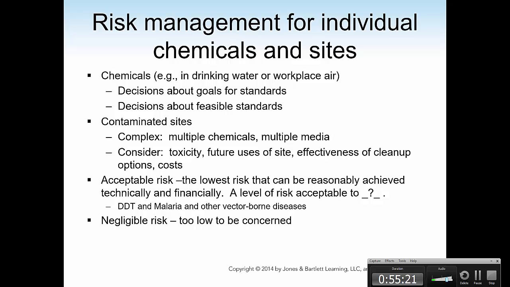So, when it comes to risk management for individual chemicals and sites, you have areas like around Flint, Michigan, or you have an old factory or something like that. So what do you look at? Well, again, chemicals in drinking water, in the air, in the workspace. So you have to make decisions about goals for standards.